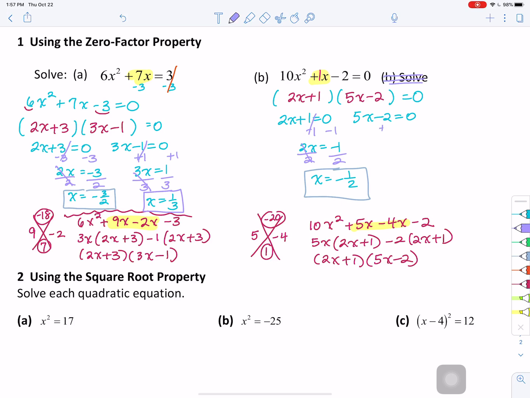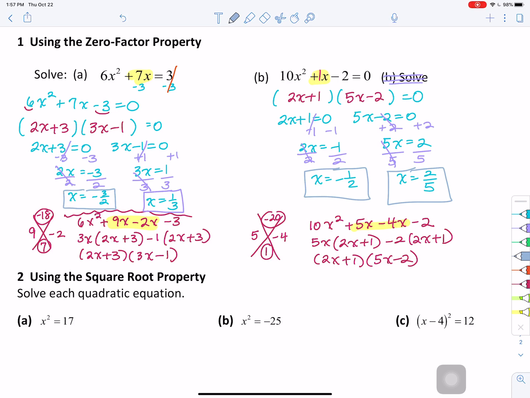We'll add 2 to both sides, and we have 5x is equal to 2, dividing both sides by 5, and we end up with x is equal to 2/5. So our two solutions are x equal to negative 1/2 and x equal to 2/5. It was a really nice review of the zero factor property.